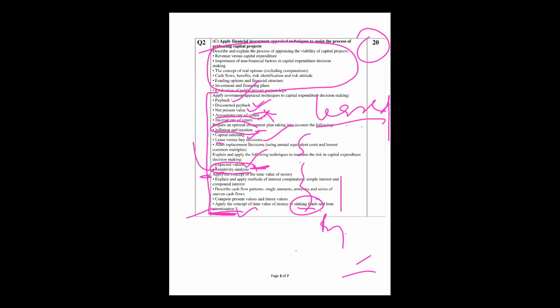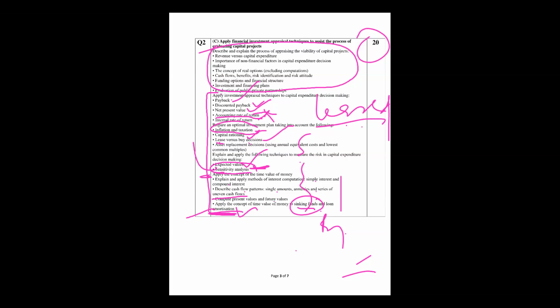Expected values is quite some formula and format, but there's no math from its format. Sensitivity, formula work. So you have to know what the formula is. Then we are good to go, right? Simple interest, compound interest, cash flow pattern, single annuity, series of uneven cash flows. They are all formats and some few formulas. Compute present values and future values. It's quite okay.